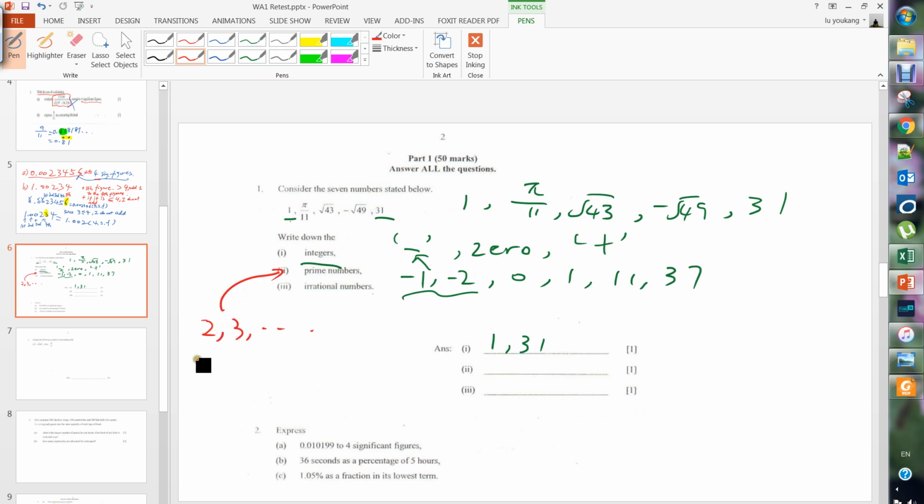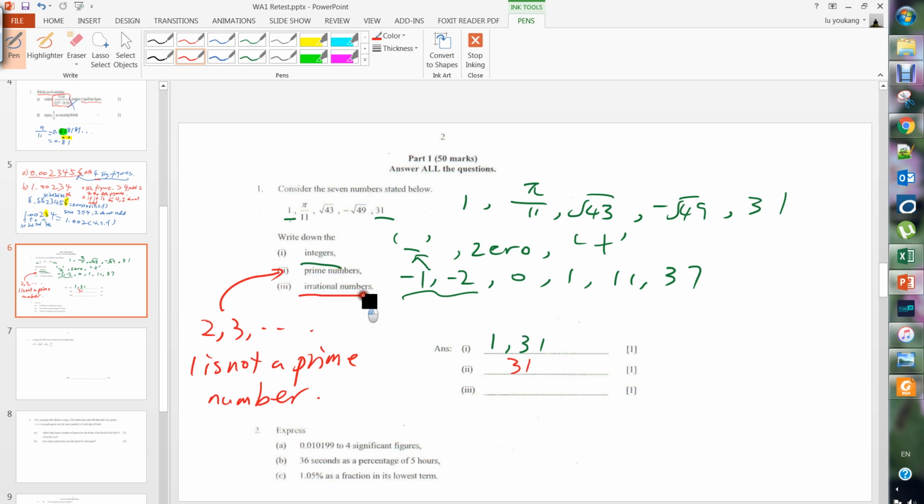I just want to caution students here, 1 is not a prime number. So for prime numbers, clearly in this case 31 is the one.